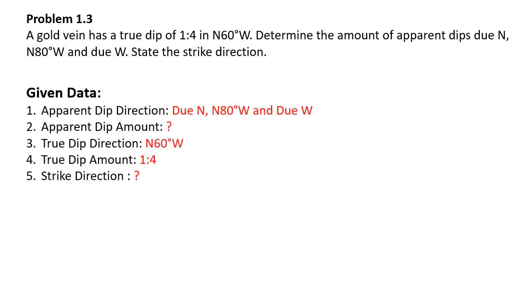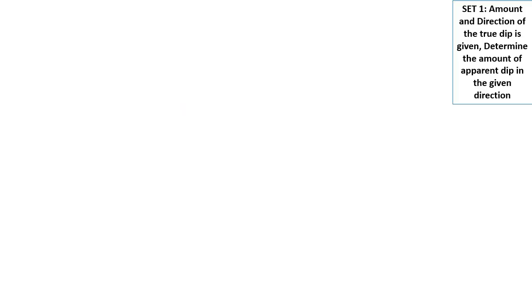So the apparent dip directions given are due north, north 80 degree west and due west. Along these three directions we are going to find the apparent dip amount, and the true dip direction and amount is given, that is north 60 degree west and 1:4.